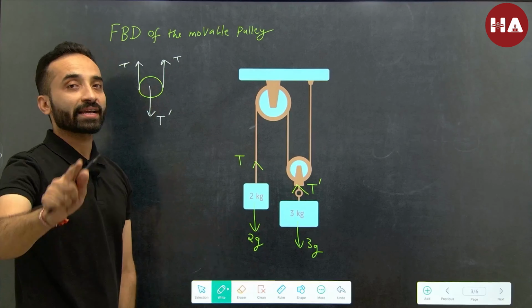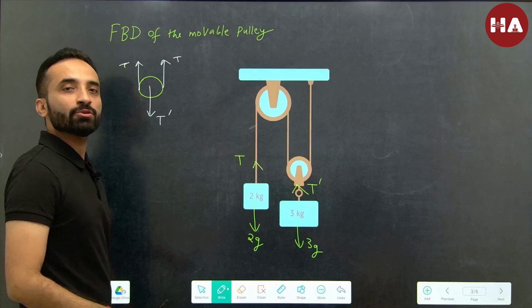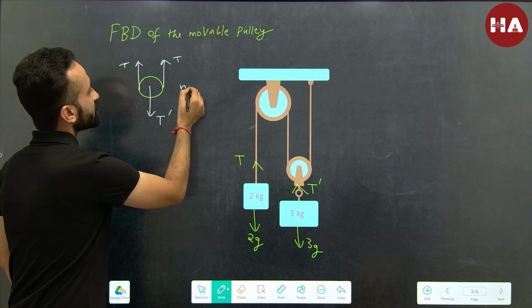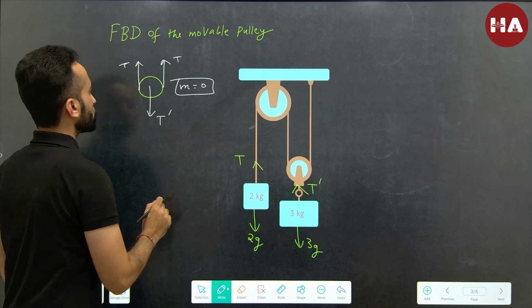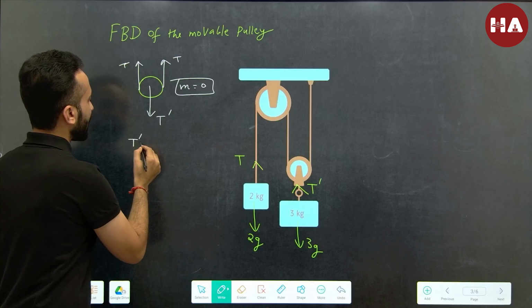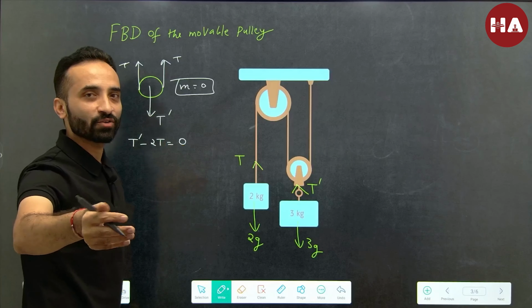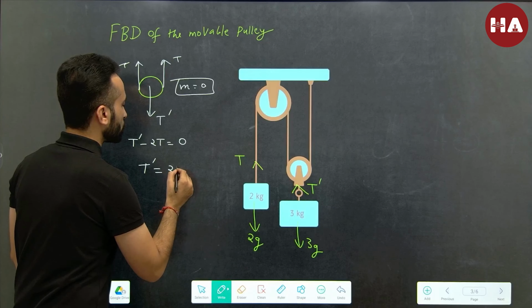It's not the free body diagram of 3 kilogram, it's the free body diagram of the pulley. Since the mass of the pulley is always taken as 0, T dash minus 2T equals ma, but m is 0. We assume the pulley to be massless. So T dash is equal to 2T.